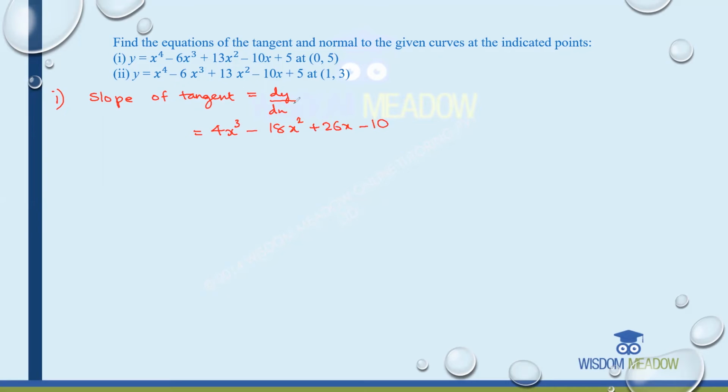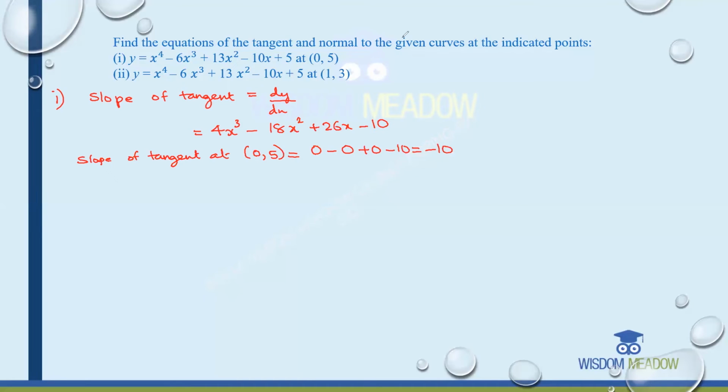So that's the slope of the tangent. Now I need to find the slope of the tangent at (0, 5). Substituting x as 0, I would get 0 minus 0 plus 0 minus 10. That is -10.